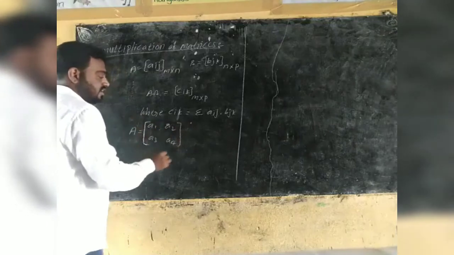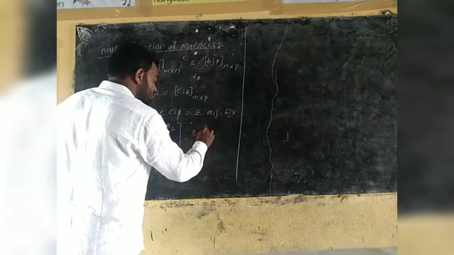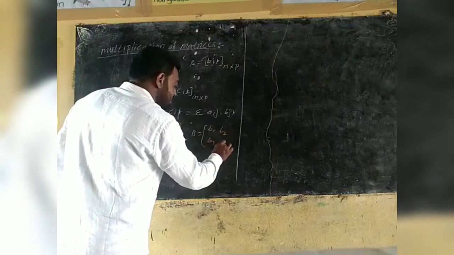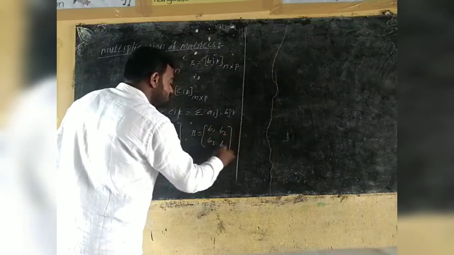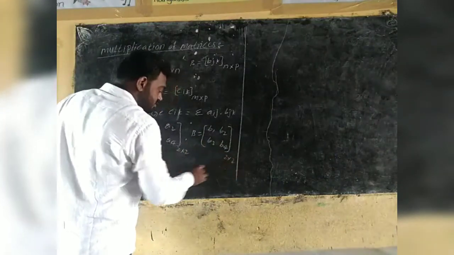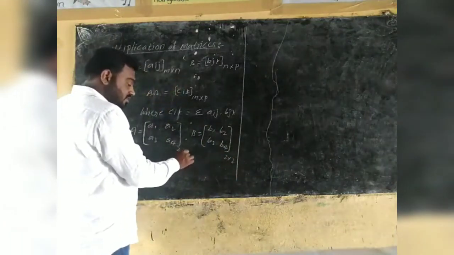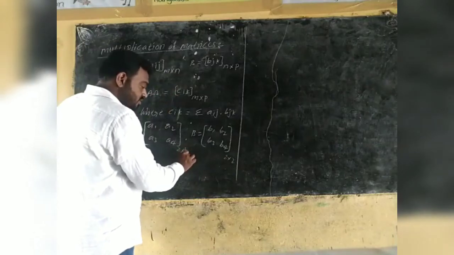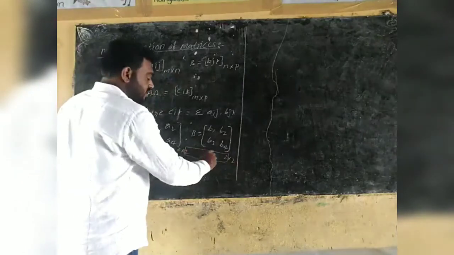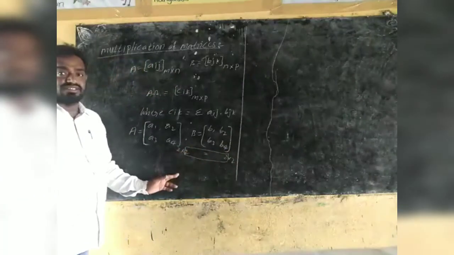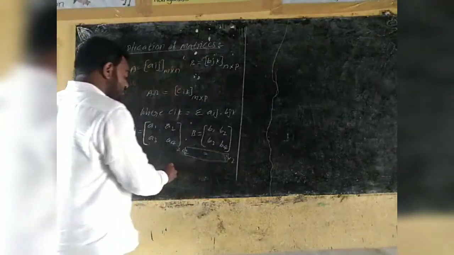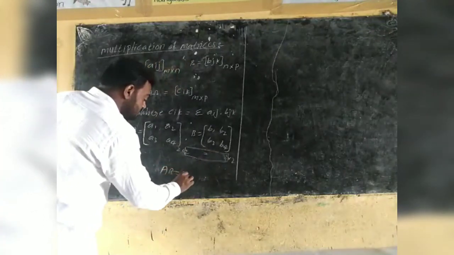B is equal to B1, B2, B3, B4. This is a 2 cross 2 matrix. The number of columns in A is equal to the number of rows in B, so the product of the matrices exists. Now, how do we find the product AB?